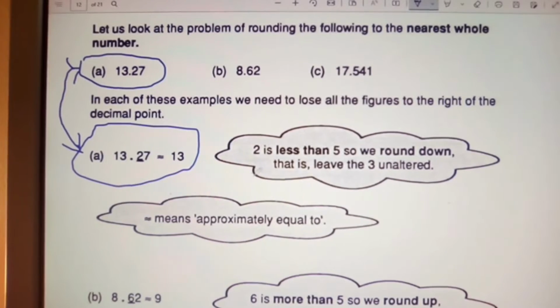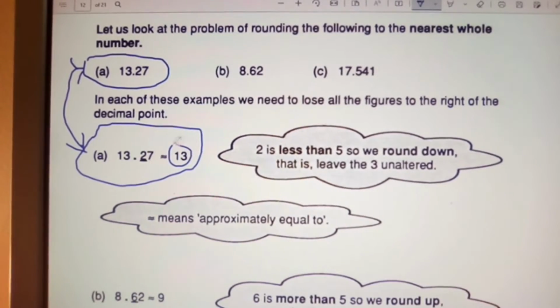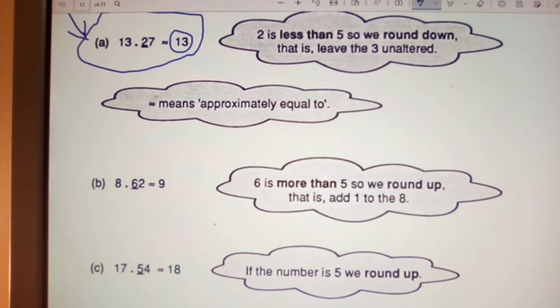Now 2 is less than 5, so we round down. That is, leave the 3 unaltered, okay? Therefore the answer here is 13. Okay, that's our answer, 13. Now, this little symbol here means approximately equal to.